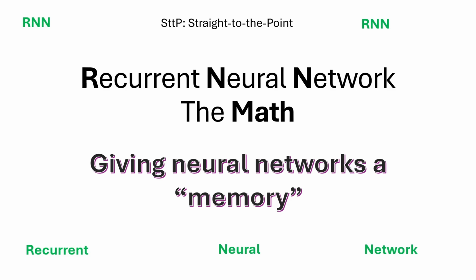Hello everyone and welcome to this new video where we're going to see the math behind the recurrent neural network. So if you have a bad memory and already forgot how an RNN works, let's quickly recap.